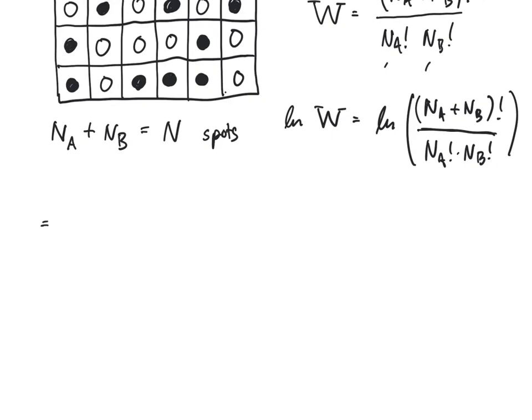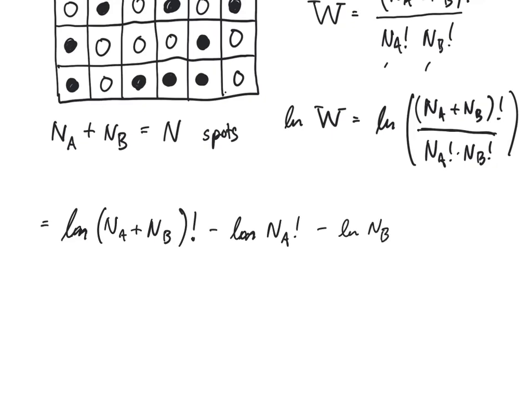So that's going to be our next step. Log of NA plus NB factorial minus log NA factorial minus log NB factorial.